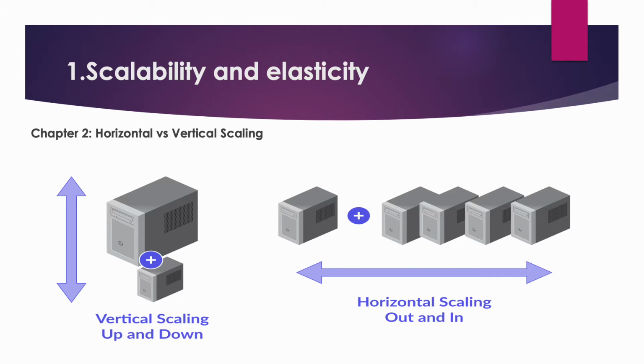This method is often more cost efficient, especially as compute resources have become cheaper. Here in this case, you are seeing one server and there are other servers. If workload or requests grow, you can add multiple servers to handle those requests.